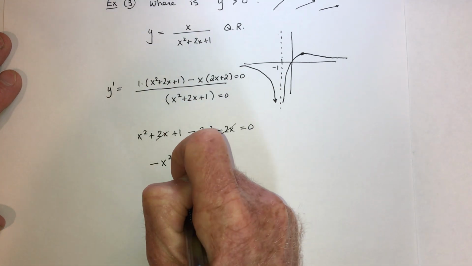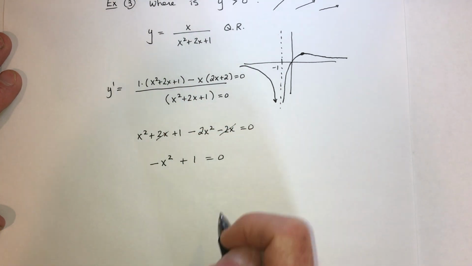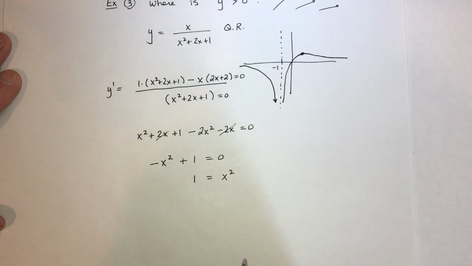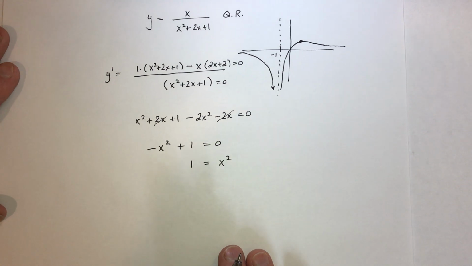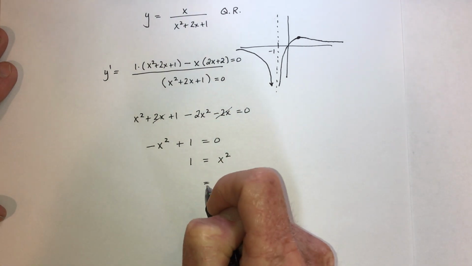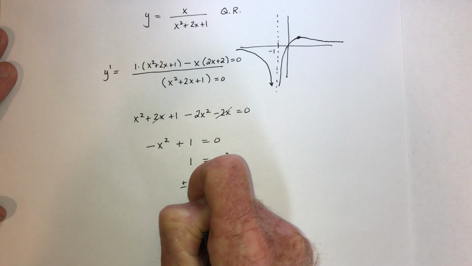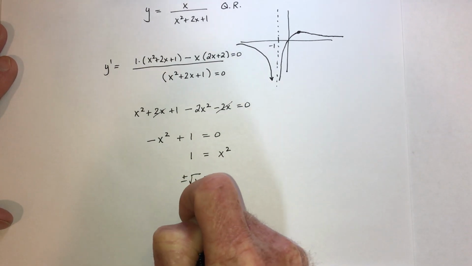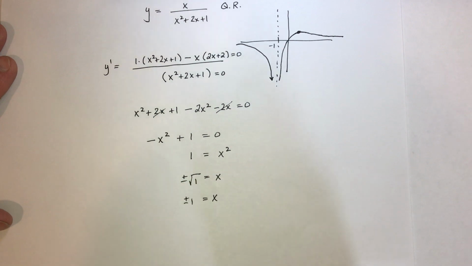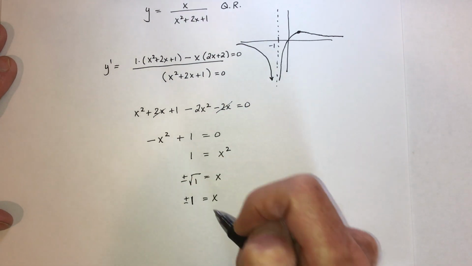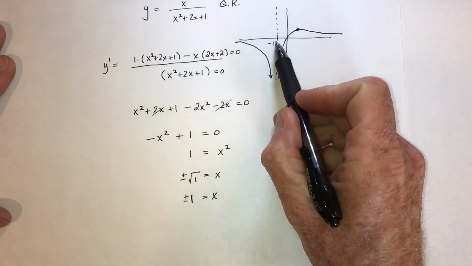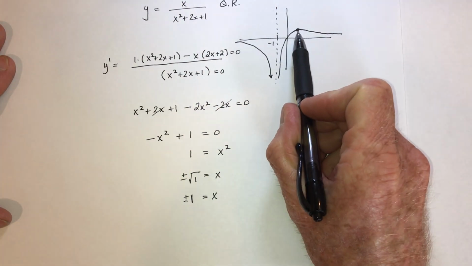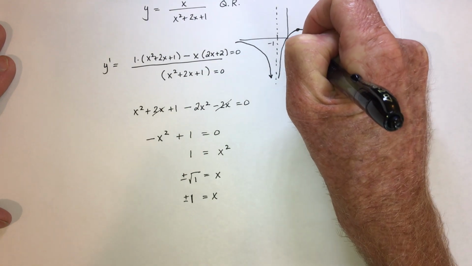All that's left is a plus 1. And then I could move the x squared to the other side, making it a positive x squared, and then take the square root. When you take the square root, don't forget to put plus or minus. And so x equals both plus 1 and minus 1 are important numbers. So the minus 1, we already had that figured out as an asymptote. So it turns out that this point right here, that is at 1.